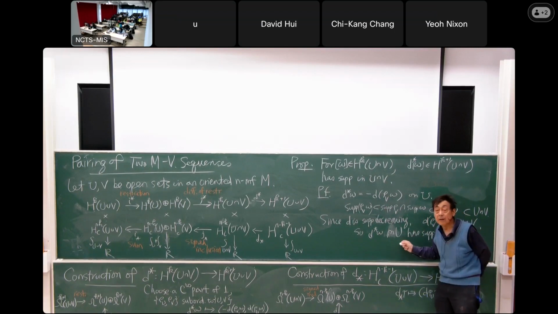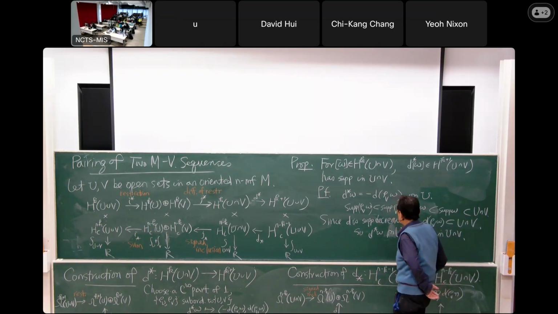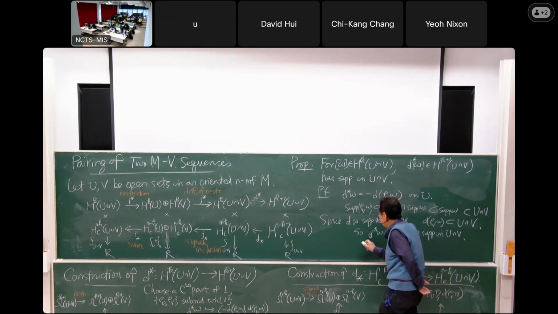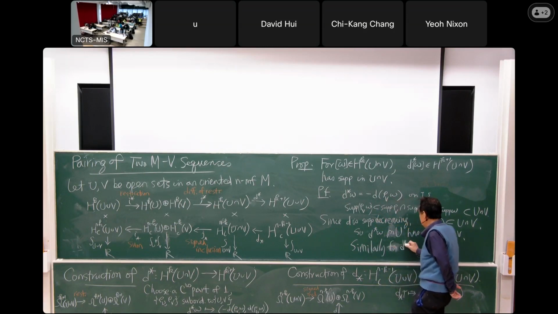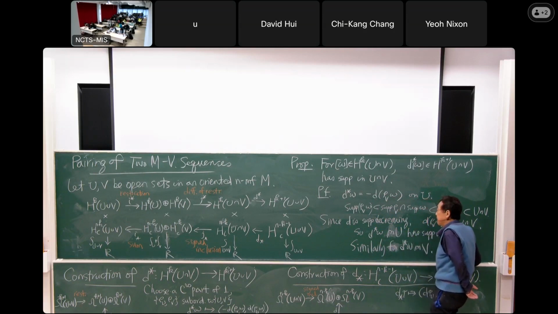And when it's defined on V, it's the same argument, similarly for d star of omega on V.